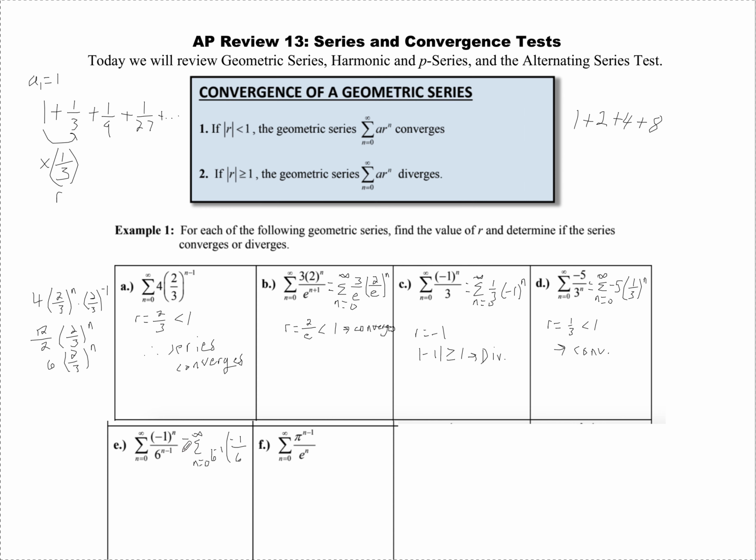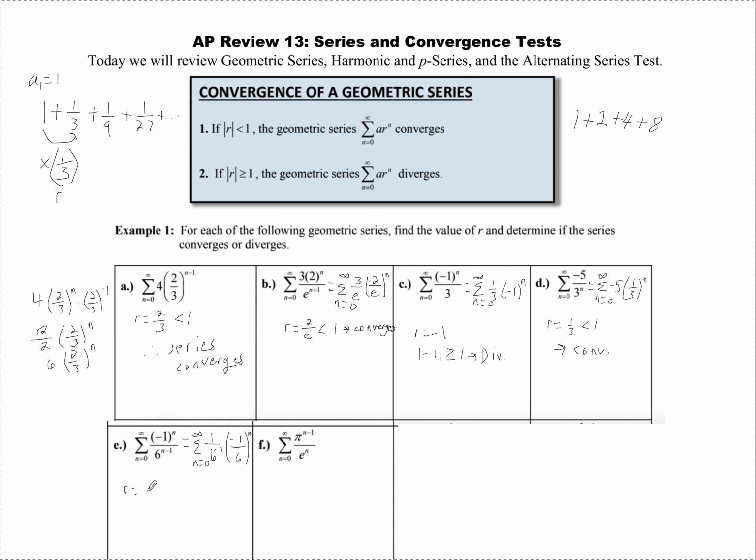So 6 will now be to the n. That way -1 and the 6 have the same power. I did pull out that 6 to the -1 out in front. If you want to do 6 to the -1 in the denominator, you can flip it up and be +6 up top. Regardless, our r value is over here, right?